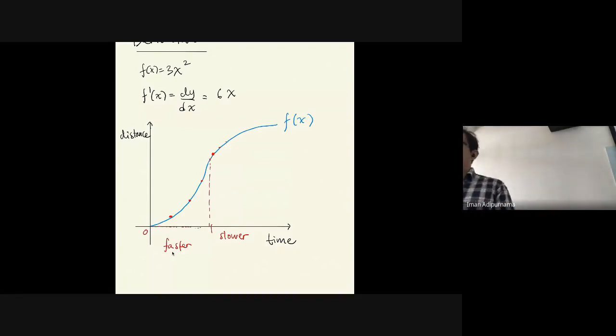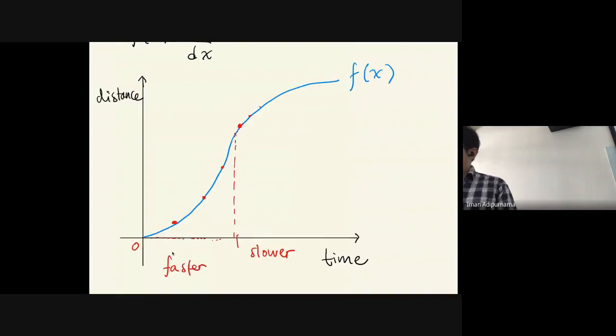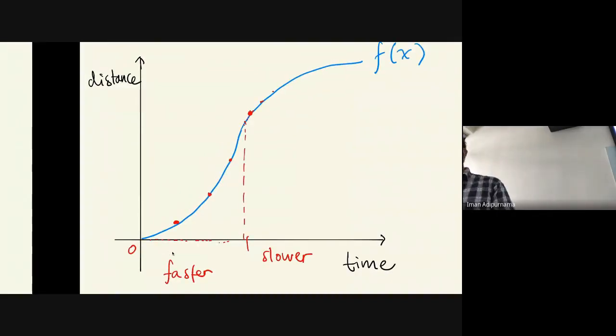So this illustrates what running does. But what I want to show you, as an illustration to go to derivatives, is that in every point here there will be a change, like the rate is changing.